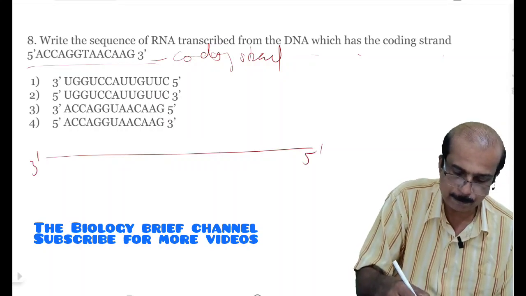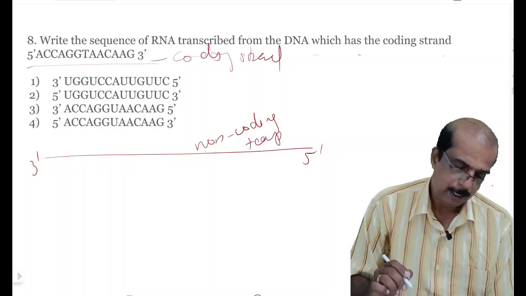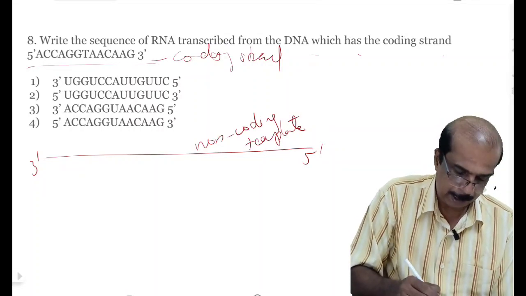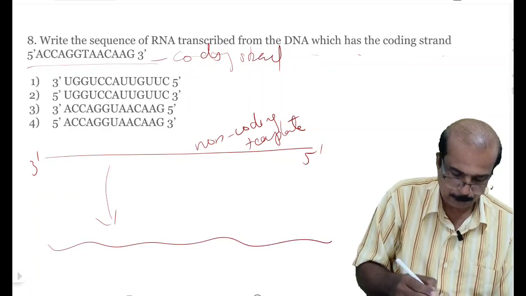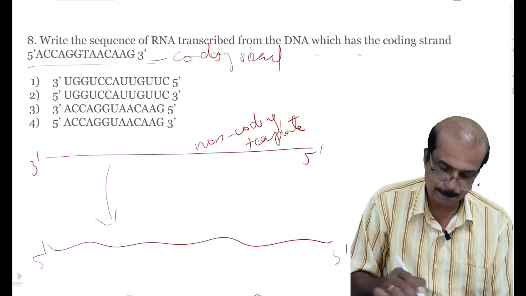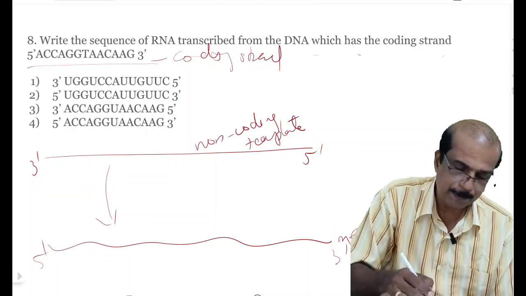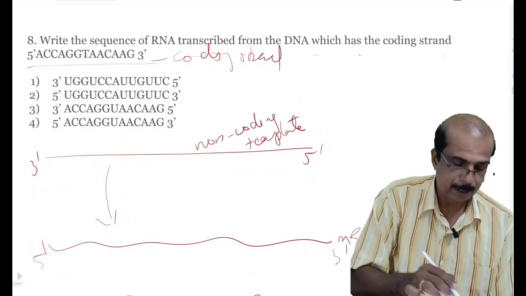This is the non-coding strand and also the template strand. Then mRNA will be formed in the 5' to 3' direction, and you can write the nitrogen-based sequence of mRNA directly from the coding strand, as in the previous question.